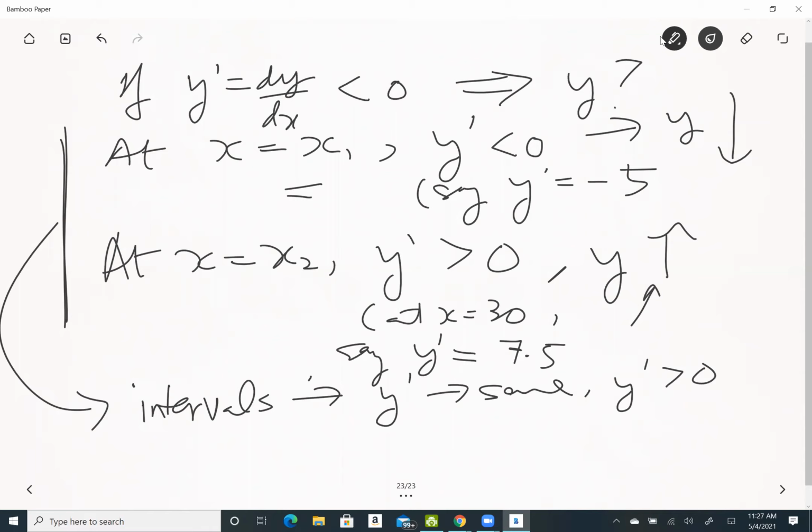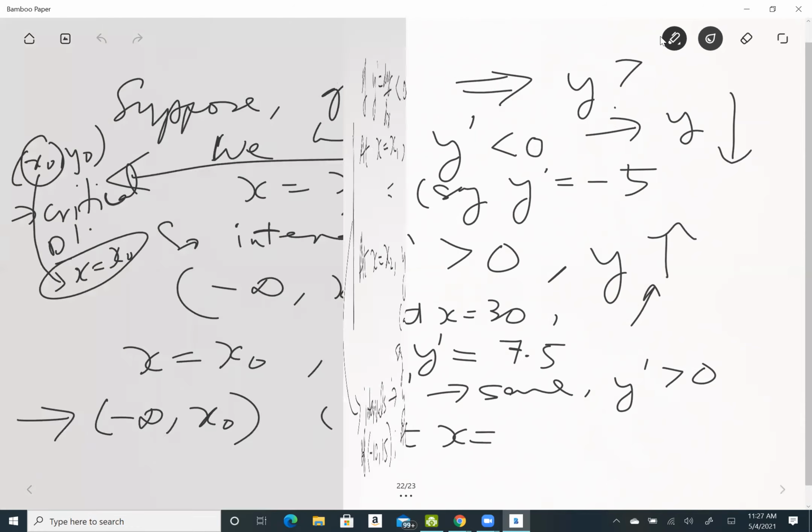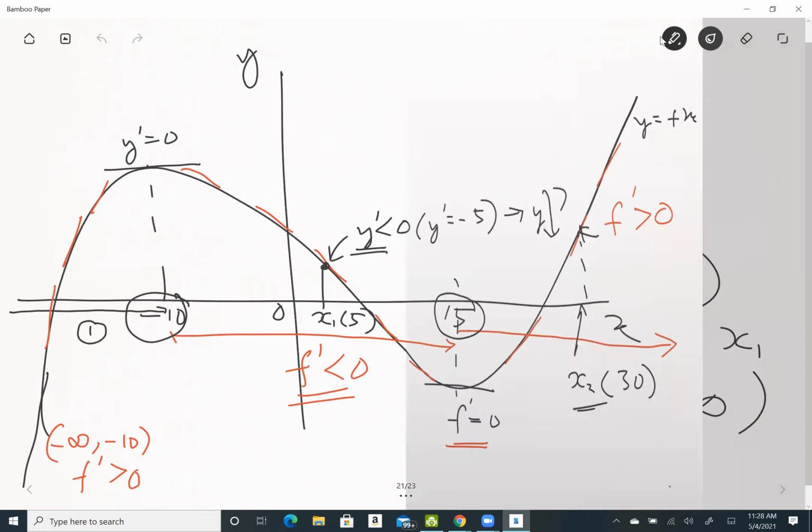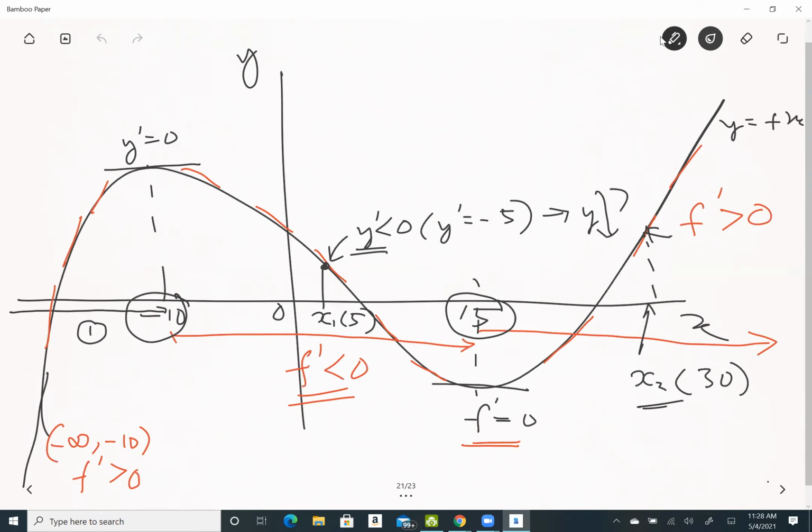In other words, let's say you consider one interval, negative 10 to 15. At one point, x equal to what? How much did we use just now?